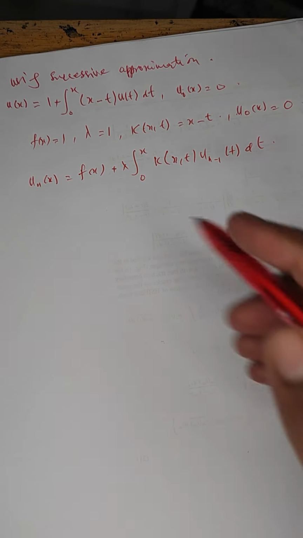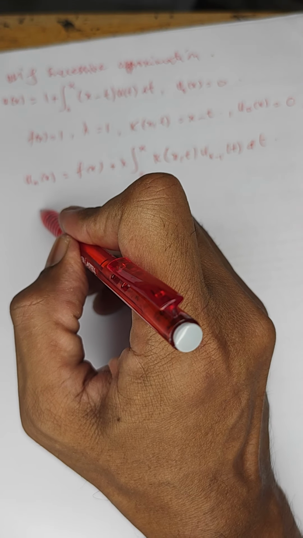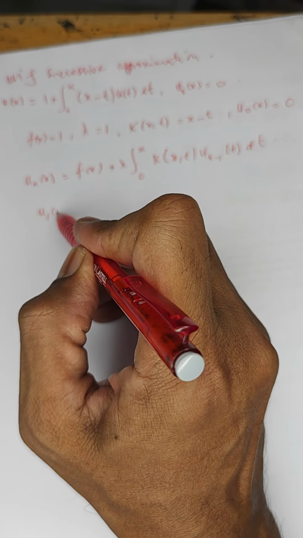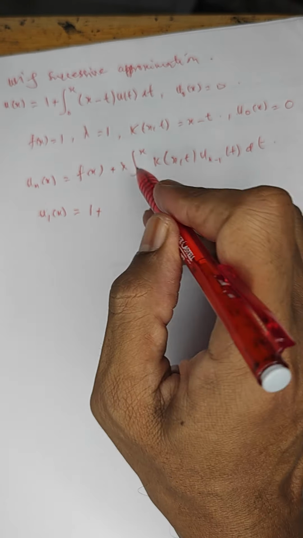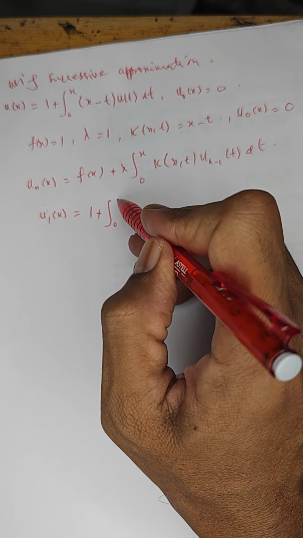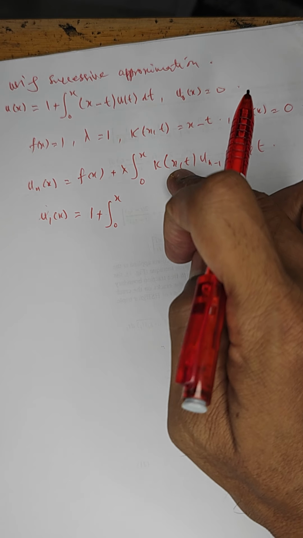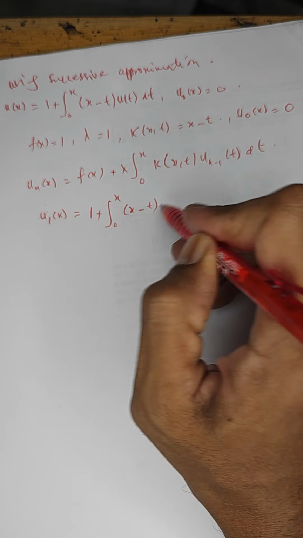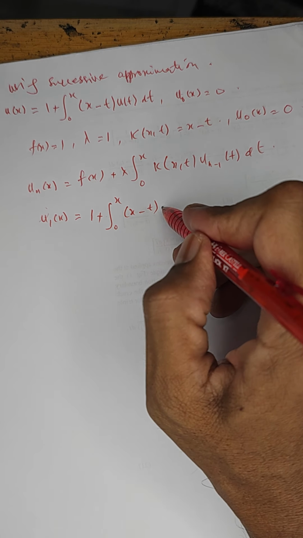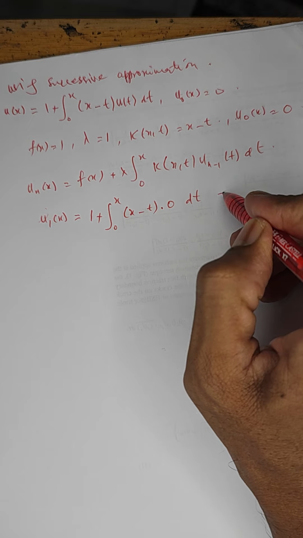Okay, so from there, let me write that. So we have u0, we have that. So our u1(x) is, our f(x) is 1 plus lambda is 1, then the integral from 0 to x of our kernel x minus t, u0 is 0, so 0 dt gives you 1.